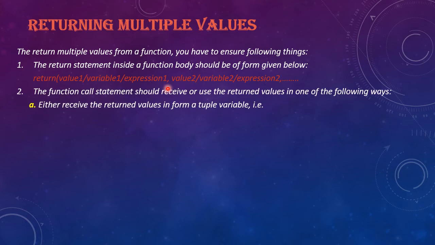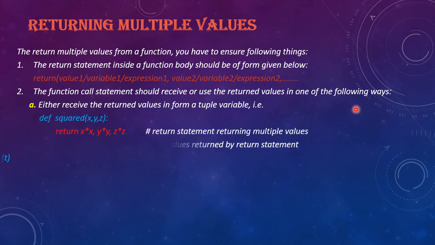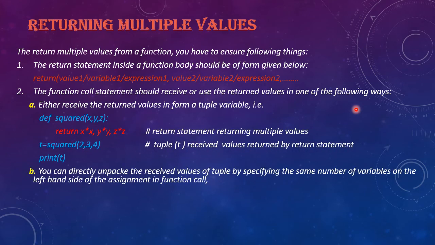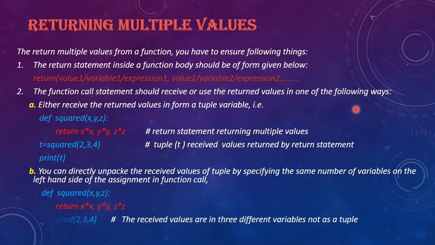Second, the function call statement should receive or use the returned values in one of the following ways. First, either receive the returned values in the form of a tuple variable, or second, receive the values in separate variables.